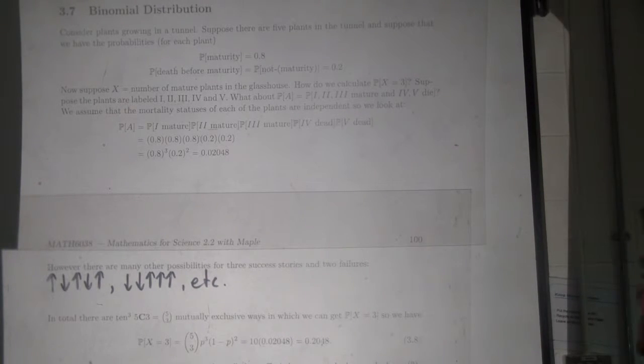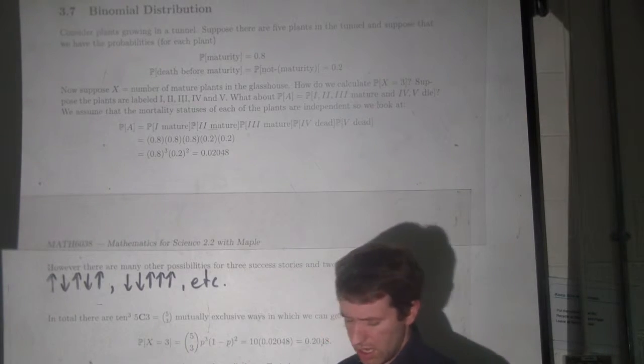Okay, so what this number gives you, I'll write it up here. 5 choose 3 is the number of ways of choosing 3 objects from 5.